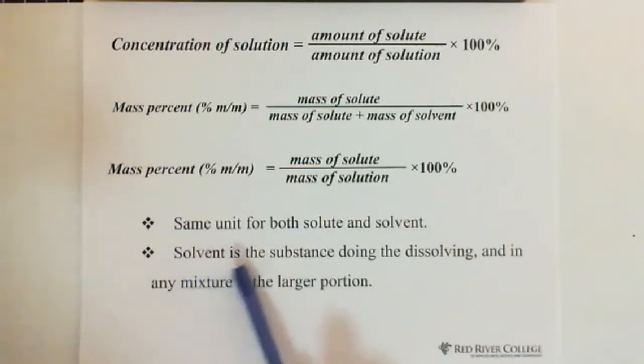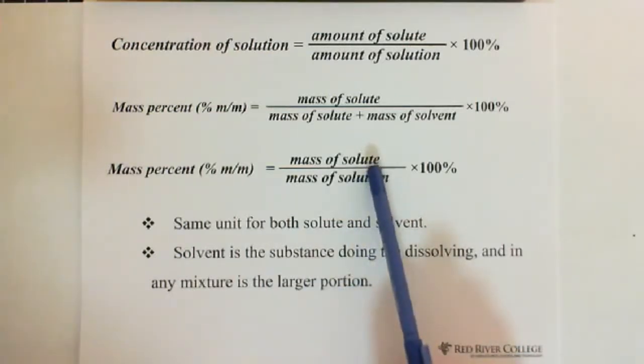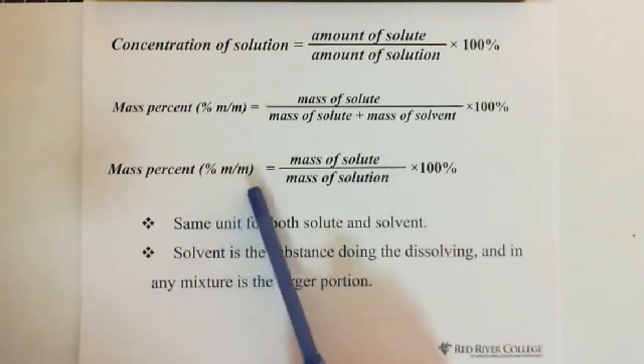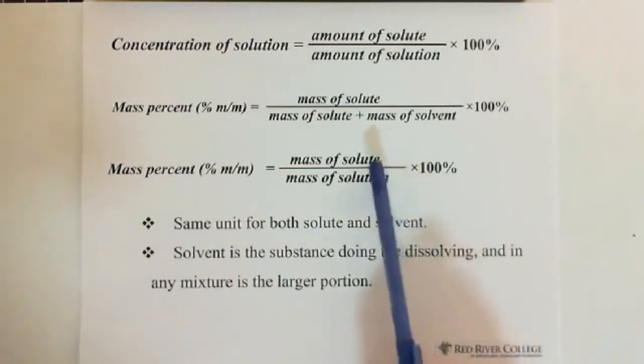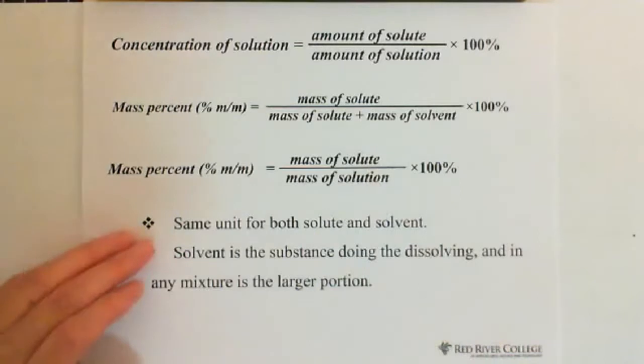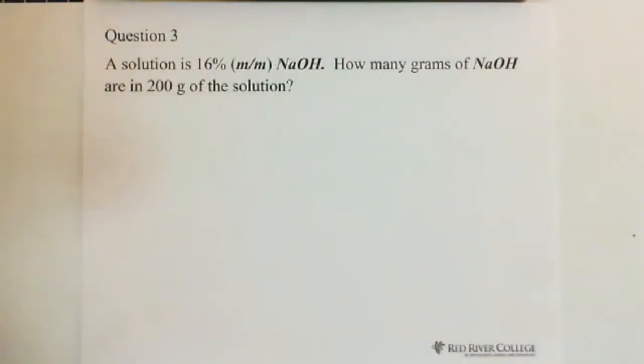This is a good strategy, because any concentration as a mass percent is always less than 100%. That's why the top number is always smaller than the bottom number, right? So let's continue to look at the questions, continuing with mass percent part 1.